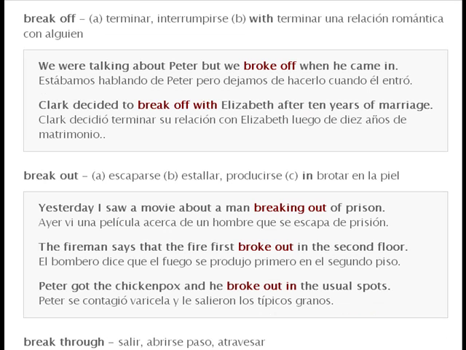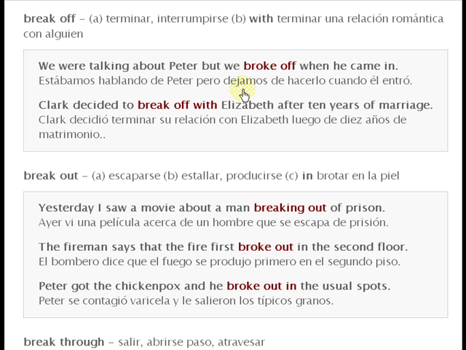Here we have break off. Some of the words coming out, okay? Interromperse, okay? Or to terminate a romantic relationship of some type. And let's take a look at the sentences. We are talking about Peter, when we broke off when you came in here. You can see that they left the conversation.